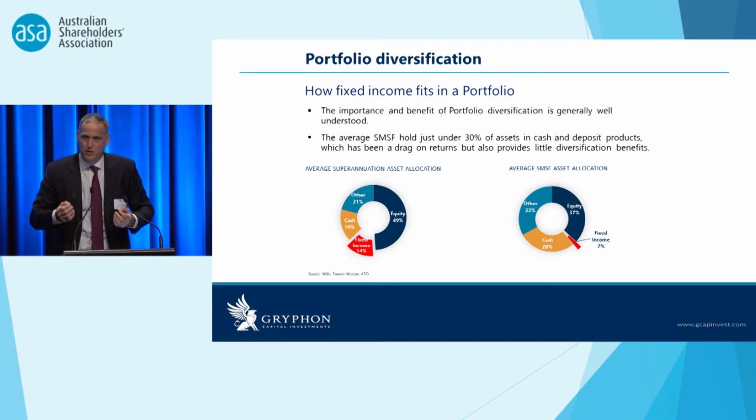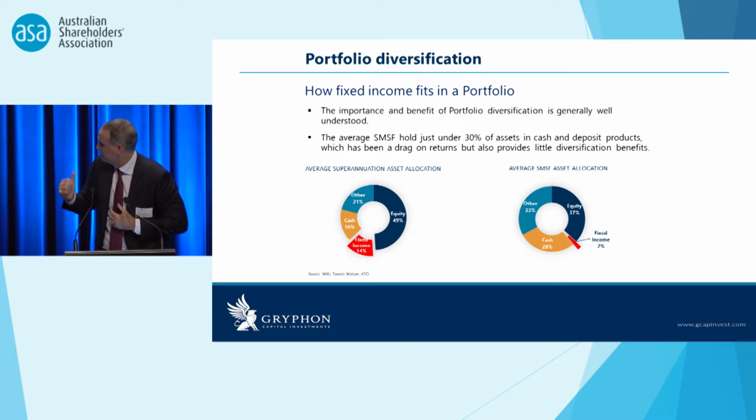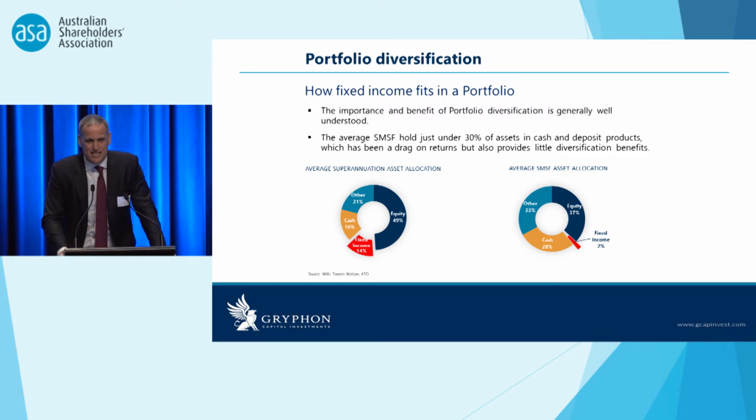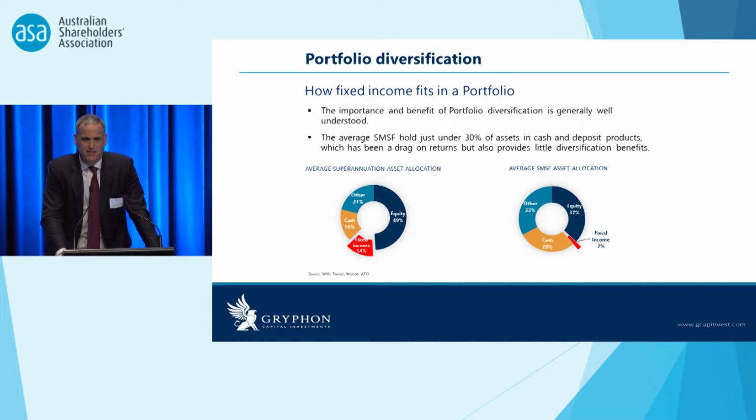So, with that in mind, why don't we take a look at the pie charts that I have above. Have a look at the asset allocation between the average superannuation institutional investor, which is on the left, and then the average self-managed investor on the right.